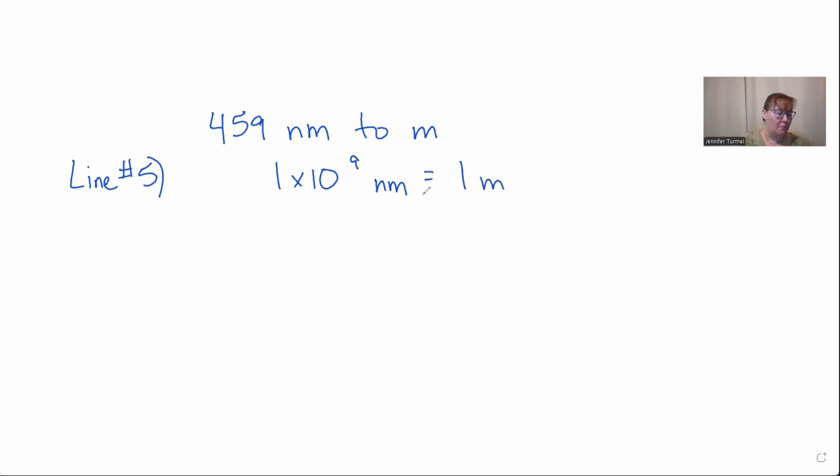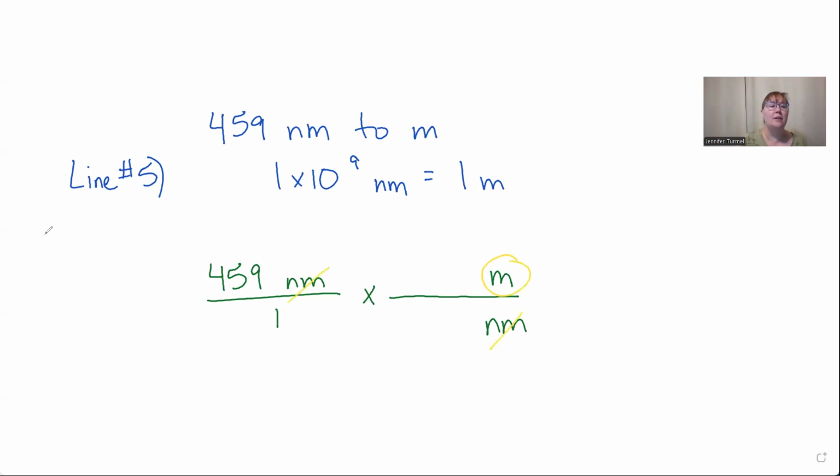And again, we've changed our base unit here. And so we can set up our given value here, 459 nanometers, and we can put that over 1. And then we set up our conversion. We have nanometers on the top, so we put nanometers on the bottom and meters on the top, so that we can cancel these out, okay, like that. And then we're just left with our meters.